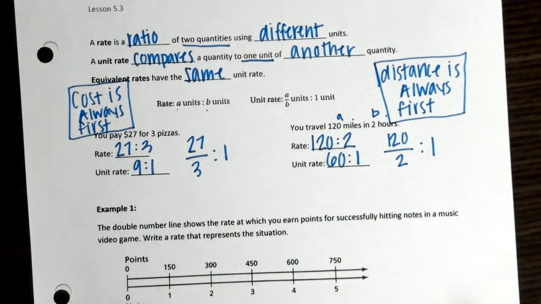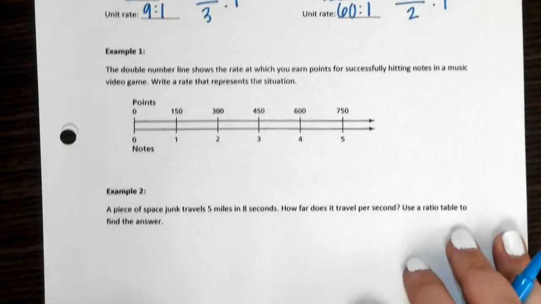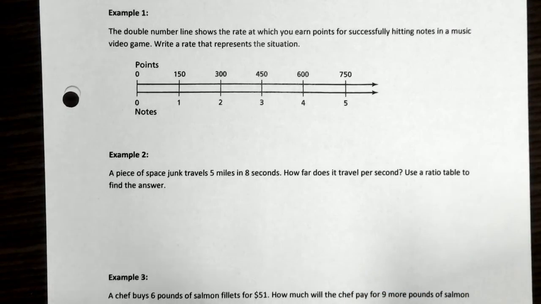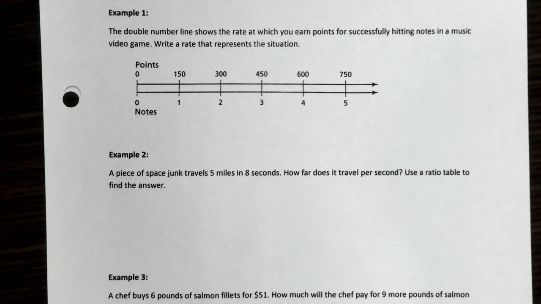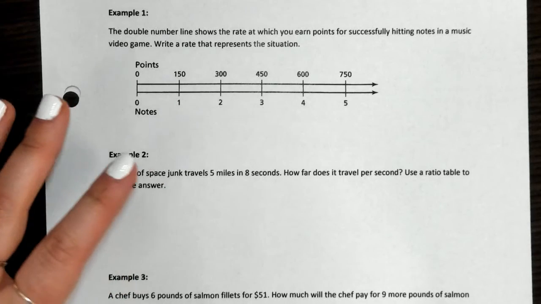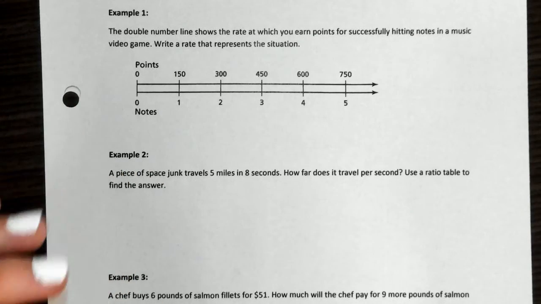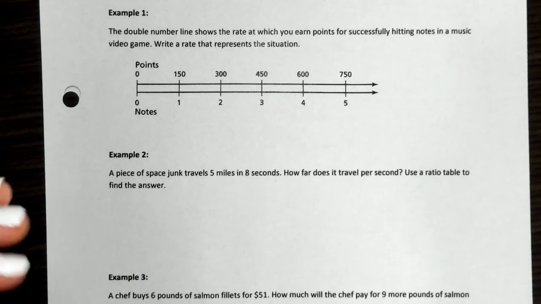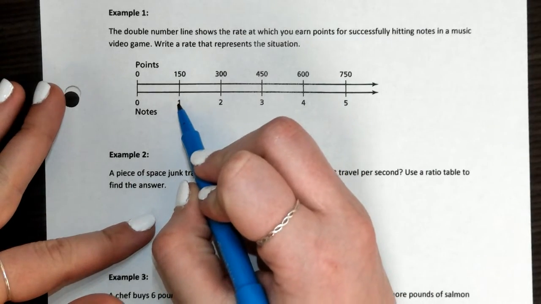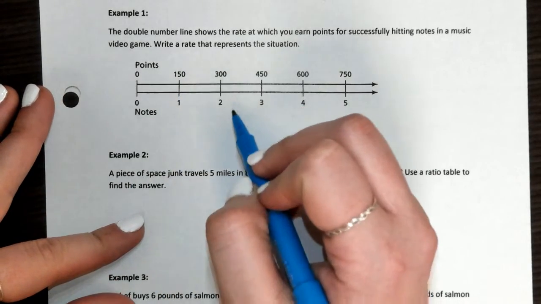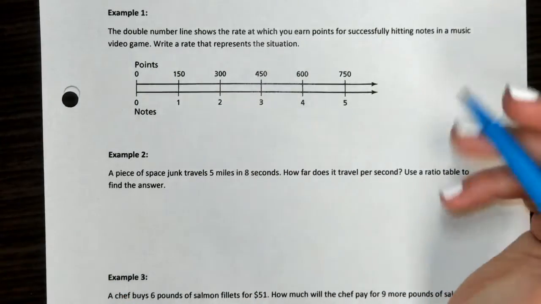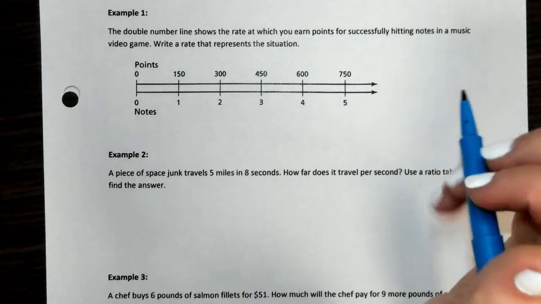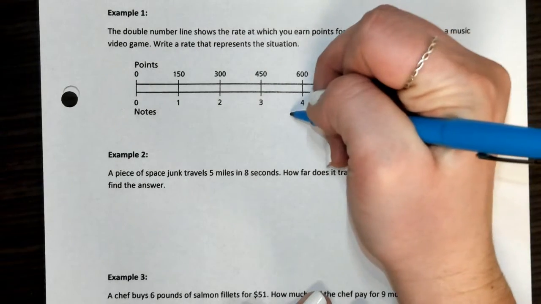Example 1. The double number line shows the rate at which you earn points for successfully hitting notes in a music video game. Write a rate that represents the situation. This is showing you that for every note you hit, you get points. If you hit 1 note, you get 150 points. If you hit 2 notes, you get 300 points, and so on. If I picked one rate from this double number line, let's do 600 to 4.